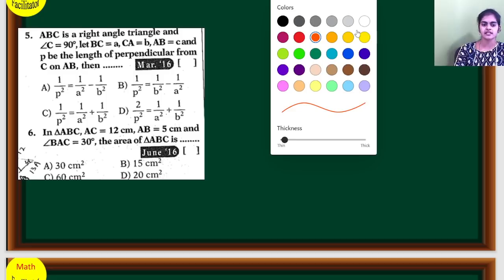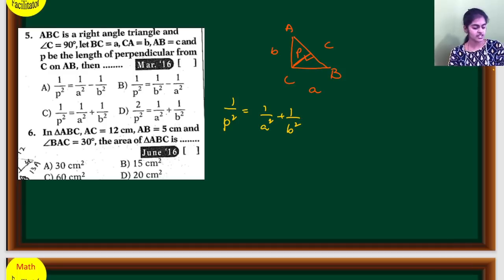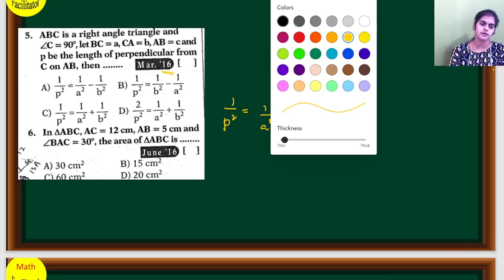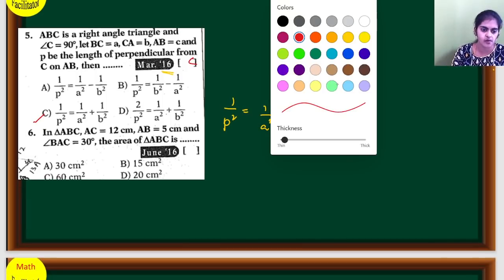So do you remember this is your textbook question? So there is a direct proof. What is it? 1 by p square should be equal to 1 by a square plus 1 by b square. Do you remember this proof? So questions like this, you should not keep on proving in your MCQ. So if it is given in MCQ, it was given in 2016. If it is given also, you should be able to remember what you have done in your class and directly mark the answer. Right? So next one, question number 6.